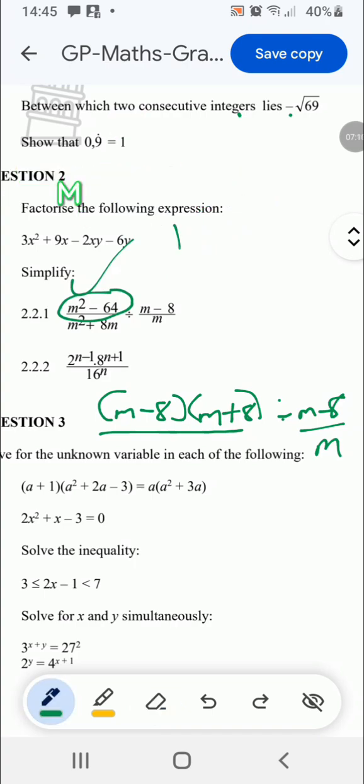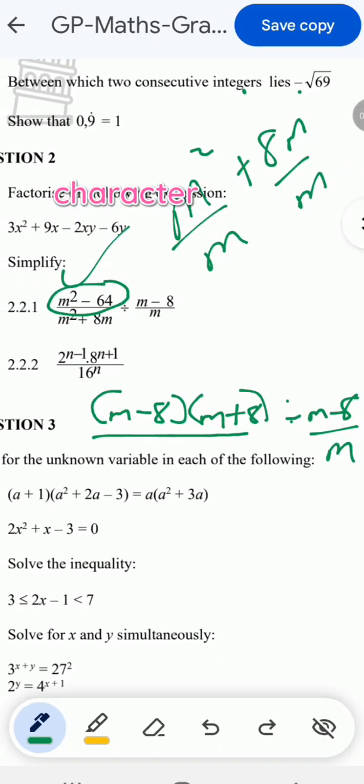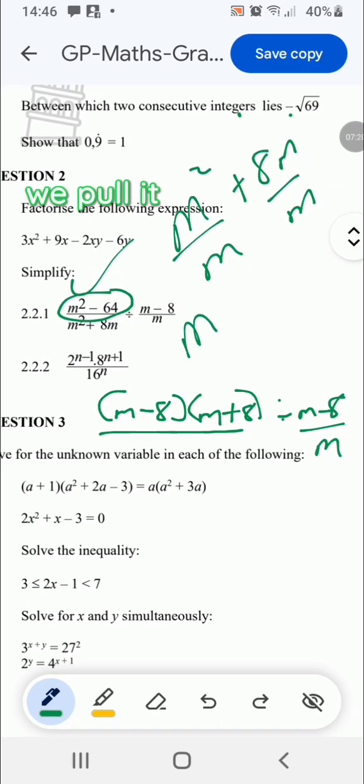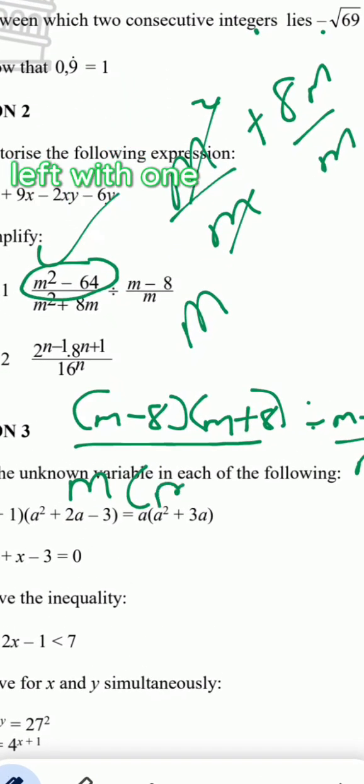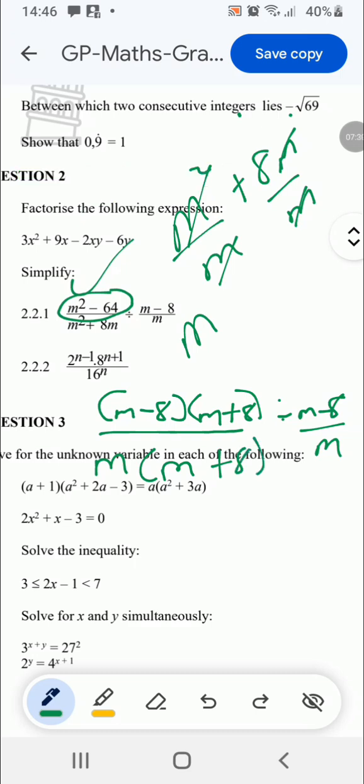How do we do that? m squared plus 8m. The common factor is m because it appears everywhere. It's the main character. We put it out, so m. Cancel those, we're left with 1m. Here, we're left with 8.